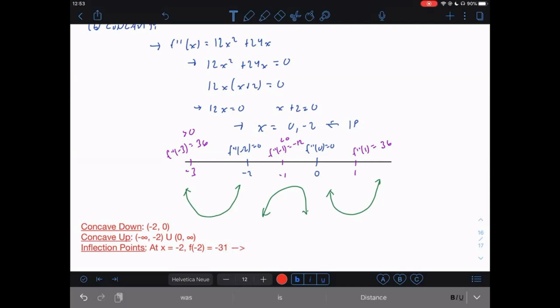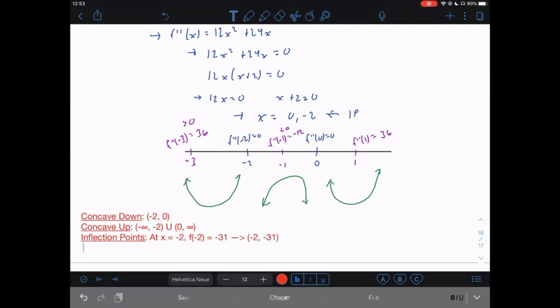So the first inflection point is located at -2, -31. And then the second inflection point is at x equals 0. If we plug 0 into the original function, that gives us -15. So our second inflection point, where the function changes its concavity, is located at 0, -15.